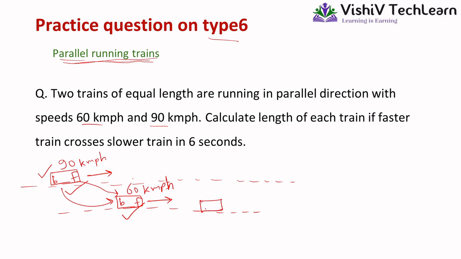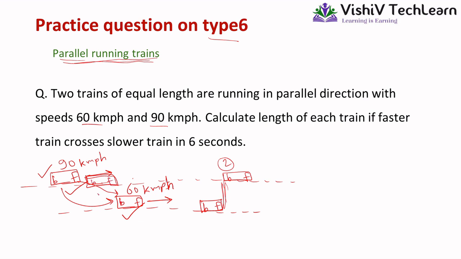So this is the second position, with the trains in line, and the first position is the front side of the faster train touching the back side of the slower train.